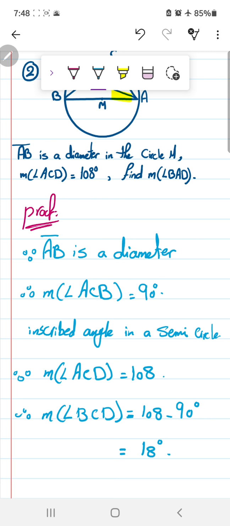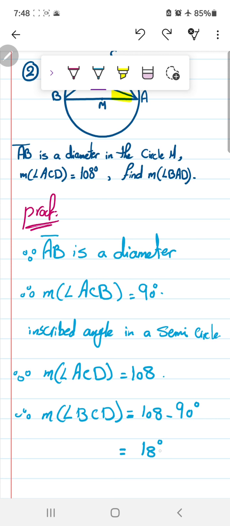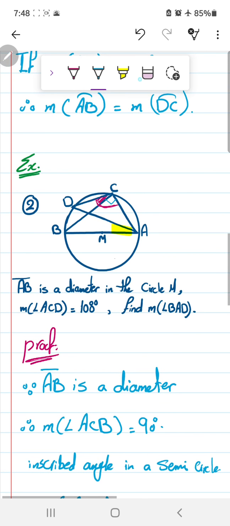Okay, what did you notice here? We have this angle in the yellow part: the two yellow parts are equal, the measure of angle BAD equals angle BCD. Why? Two inscribed angles subtended by the same arc, so they are equal in measure.